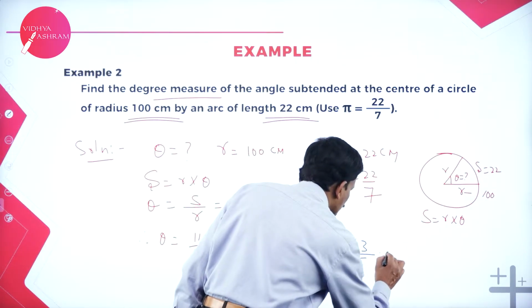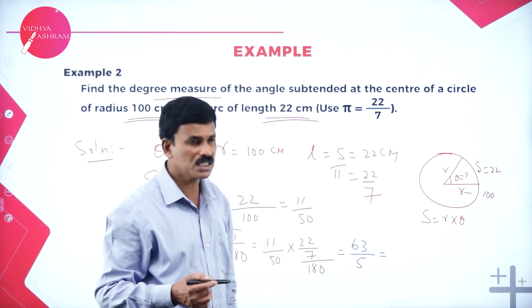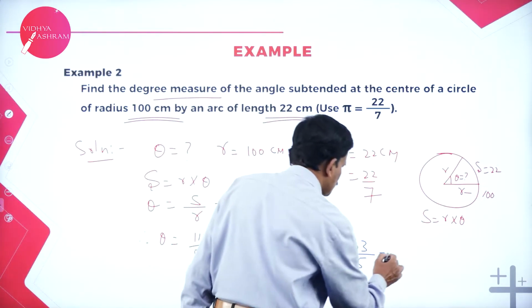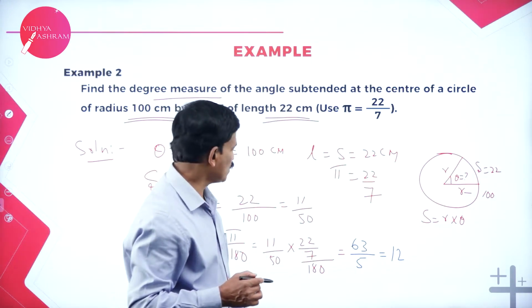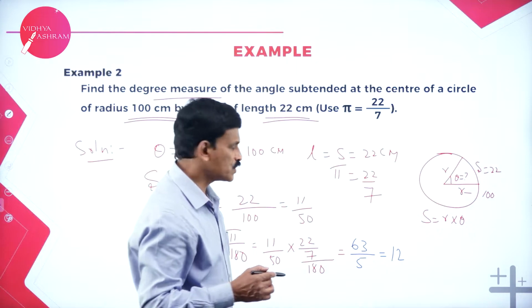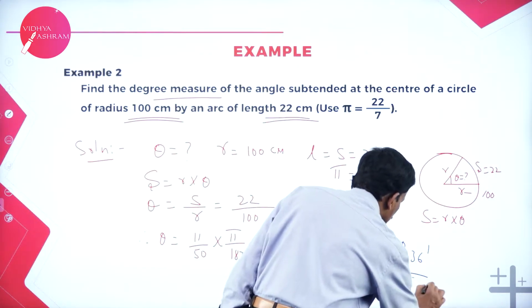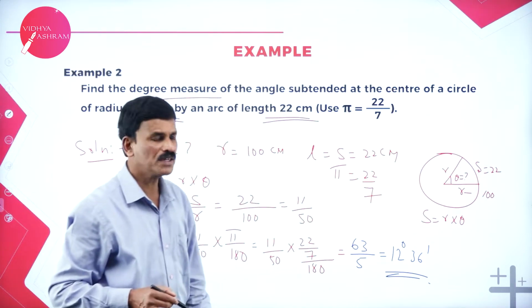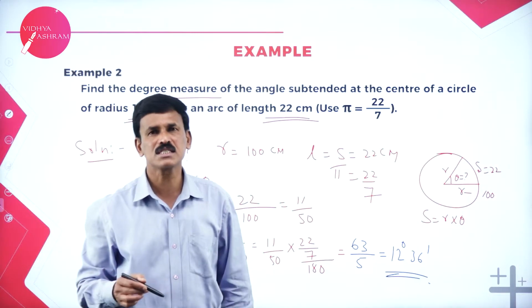After simplification, we will get 63 by 5. Dividing, 5 twelves are 60, and what is remaining is 3. So this can also be written as 12 degrees and 36 minutes. That is the simplified answer.